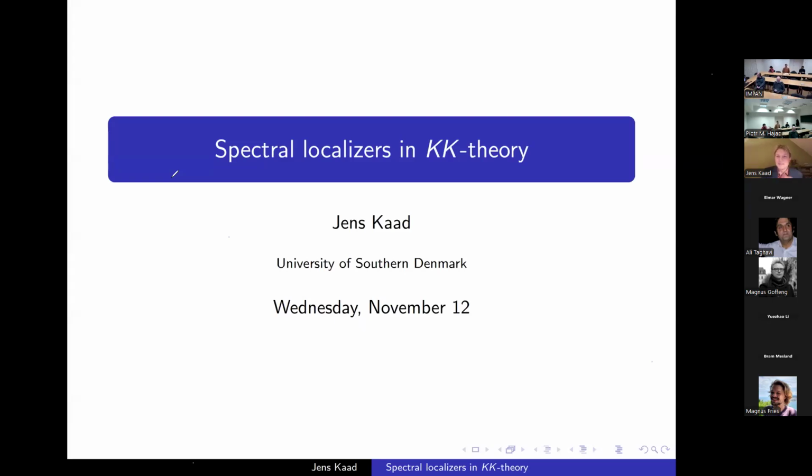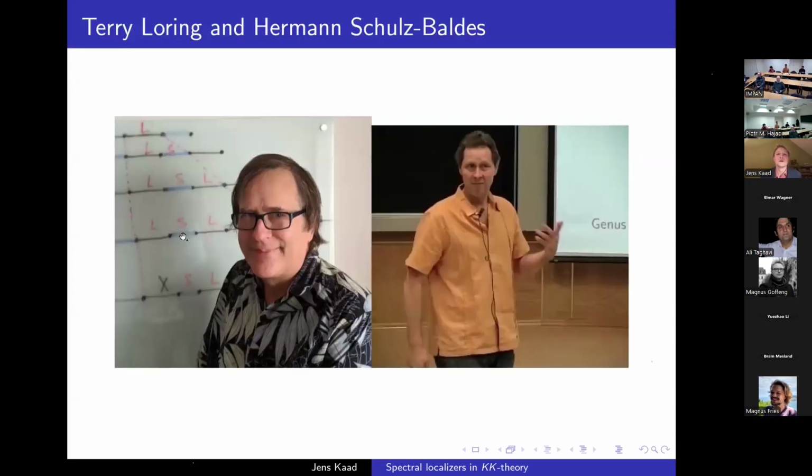I'm going to start out by just talking about spectral localizers as they were introduced by Terry Loring and Hermann Schulz-Baldes. They introduced spectral localizers as a tool to compute the index pairing between K-theory and K-homology.